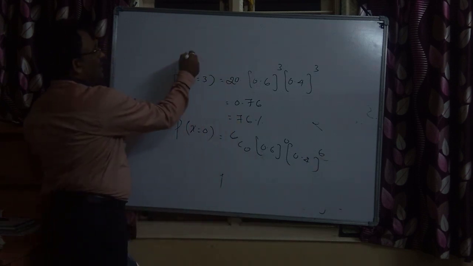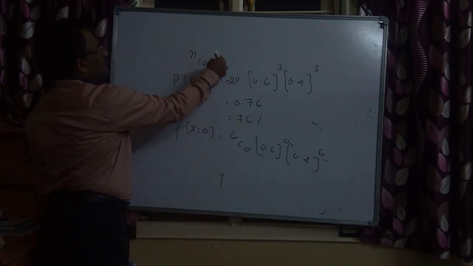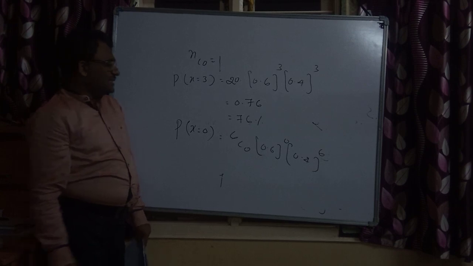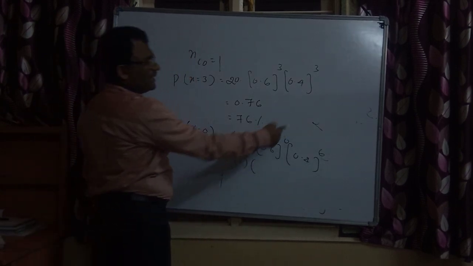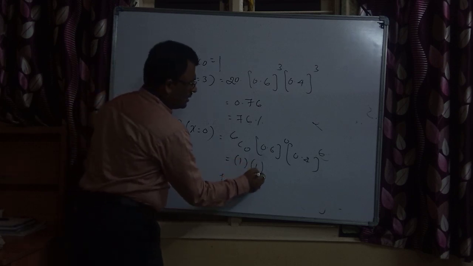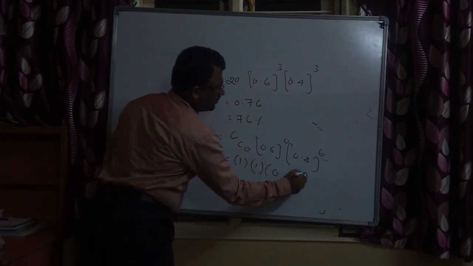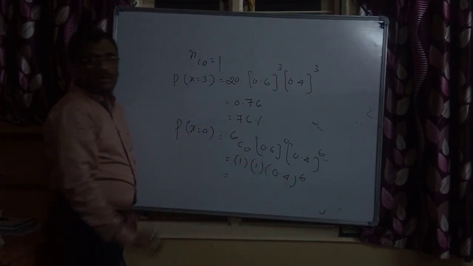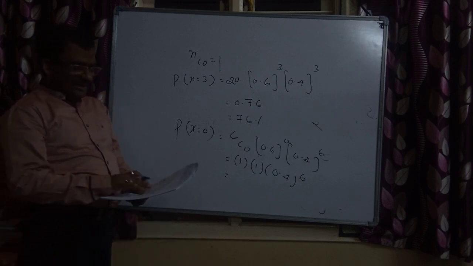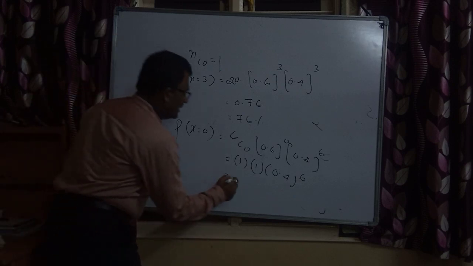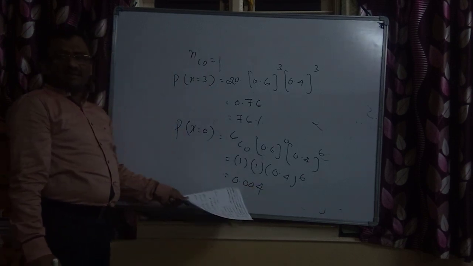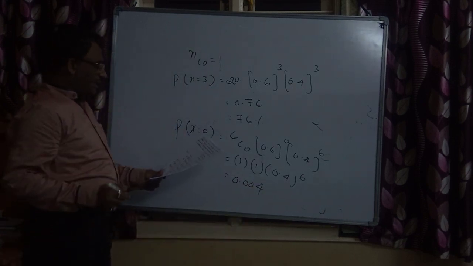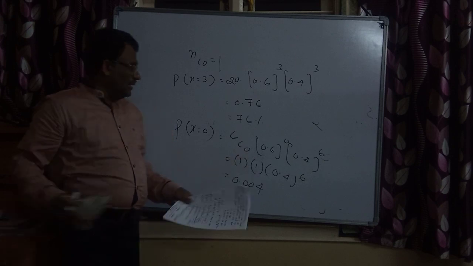We have the identity that NC0 is always equal to 1, and any number raised to the power of 0 is 1 again. Next is 0.4 power 6, which is nothing but 0.004. Convert this into a percentage and you will get the answer. That is the probability that none of them are BPL card holders.